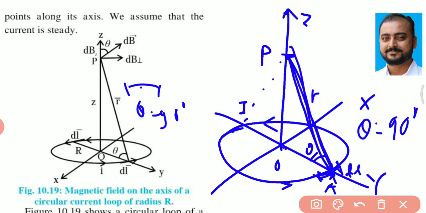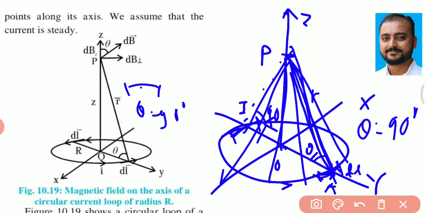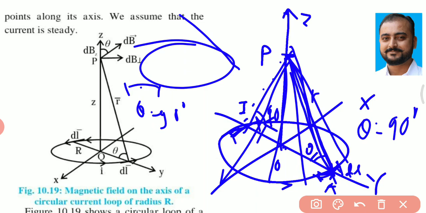As you move here, or consider the exactly opposite element, again this angle should be 90 degrees. In a similar manner, for each and every dl present on this circular loop, the line joining both makes an angle of 90 degrees with the small element dl.